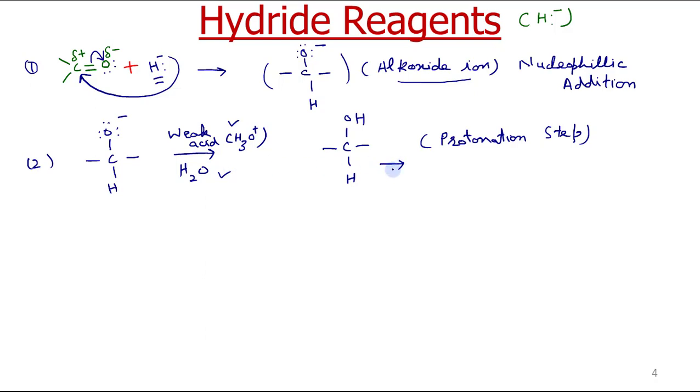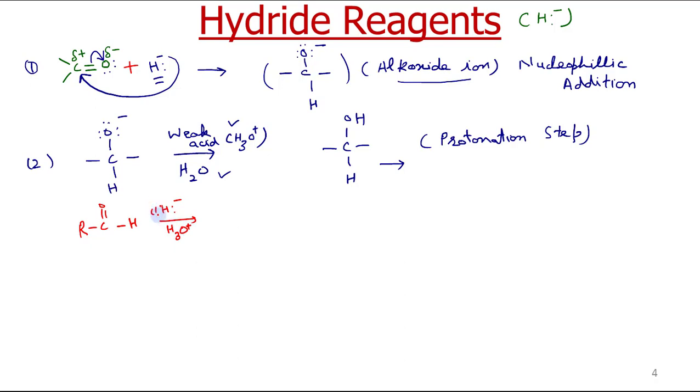Now depending upon whether the carbonyl compound is an aldehyde or a ketone, if it is an aldehyde, let us see, R C double bond O H, with H negative and H3O positive.